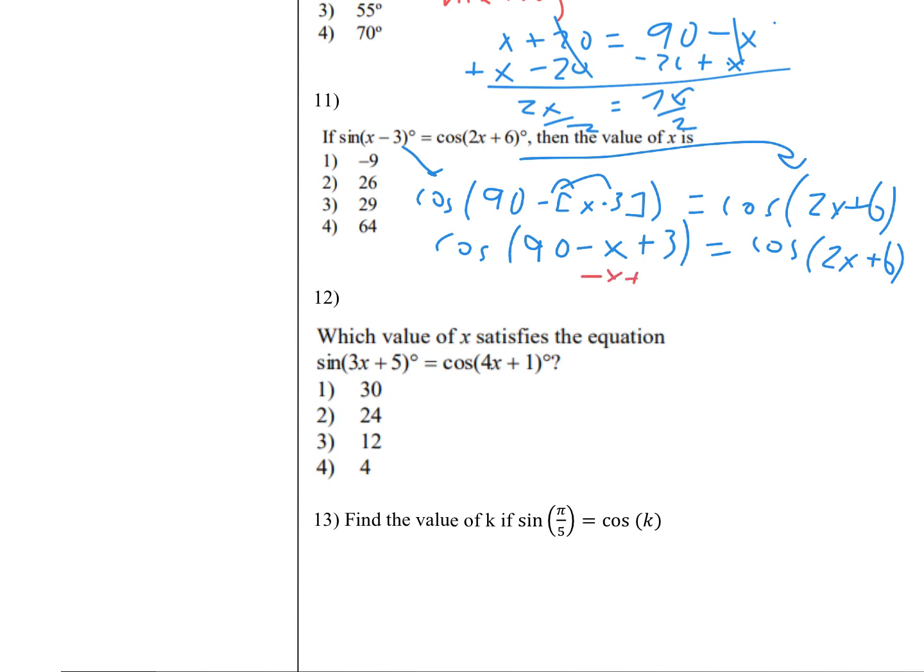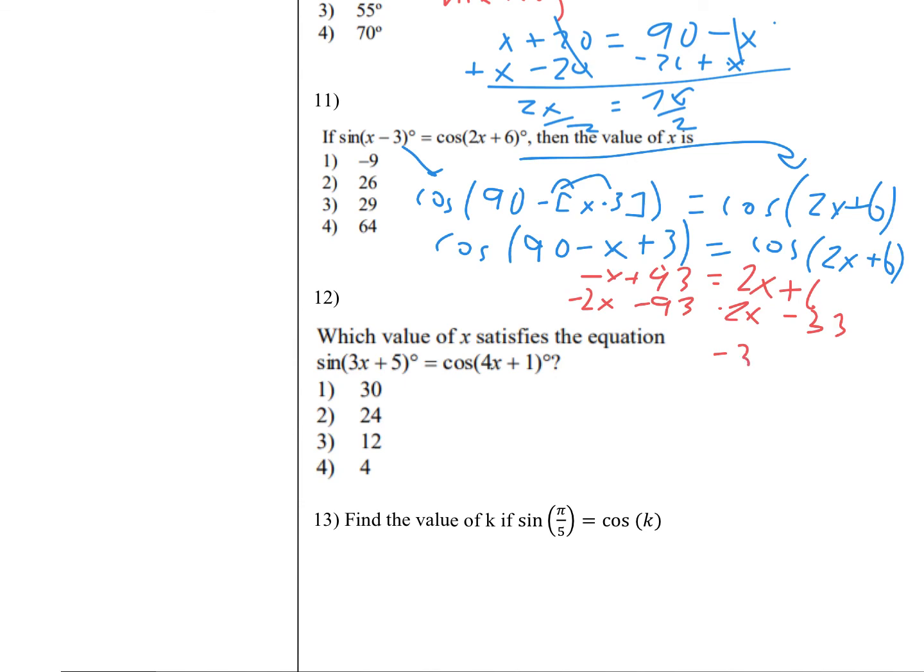I'm going to go ahead and simplify this one to negative x plus 93 equals 2x plus 6. So I would subtract the 2x over here. It's going to become 3x. And then subtract the 93 over here.